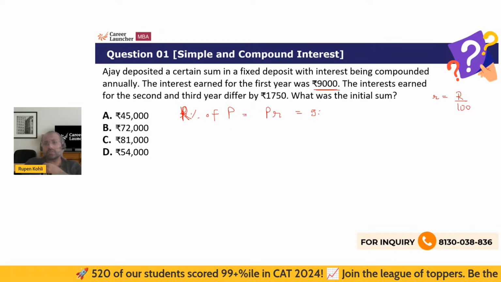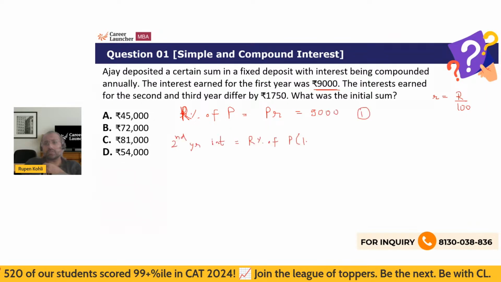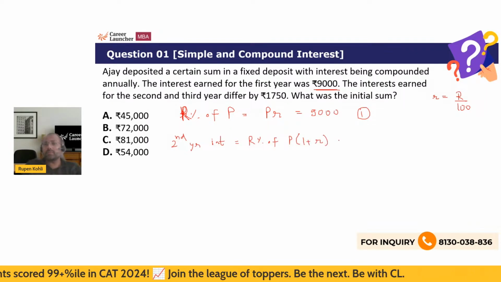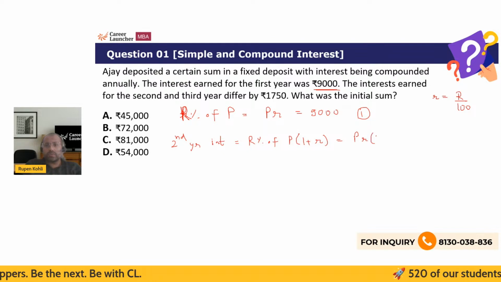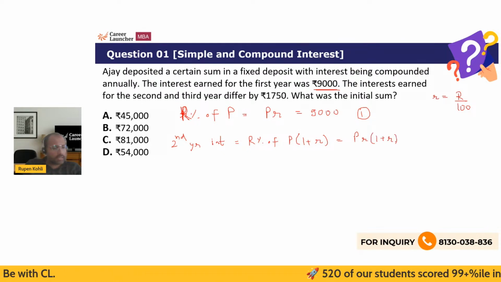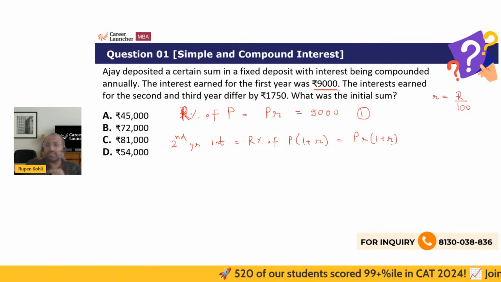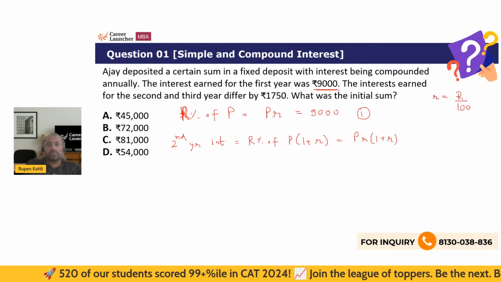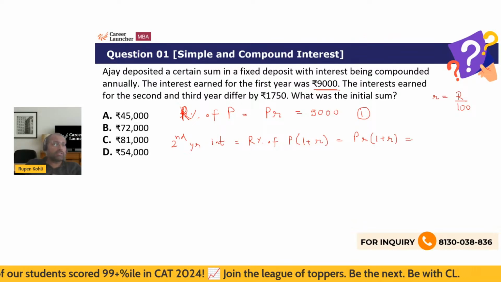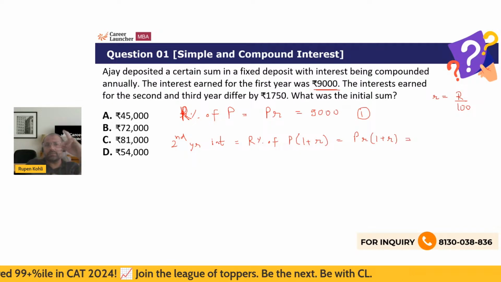Now the second year's interest is r percent of the first year's amount, which is P into 1 plus r, so this will be P into r into 1 plus r. We don't know this individually, but we know the difference of the second and third year.